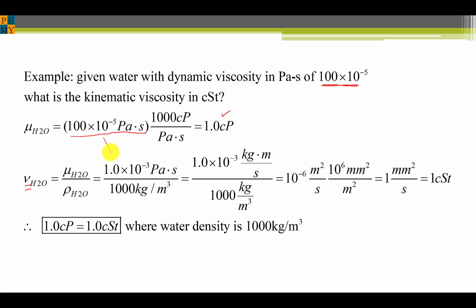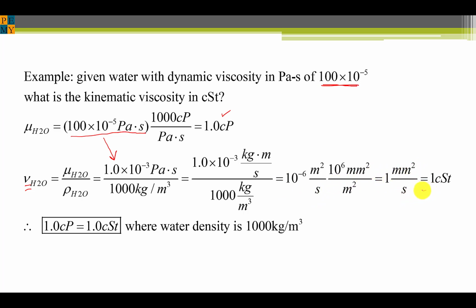This number is the same. The 100 times 10 to the minus 5 is the same as 1 times 10 to the minus 3, and we divide it by kilograms per cubic meter. I'll leave it as an exercise for you to go through these cancellations, but we end up with 1 millimeter squared per second.